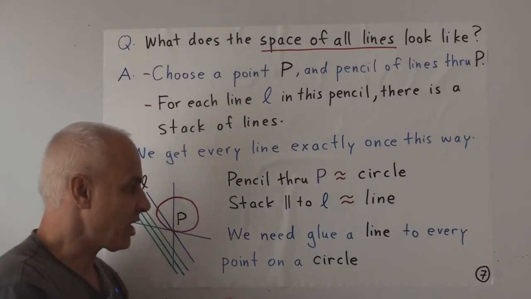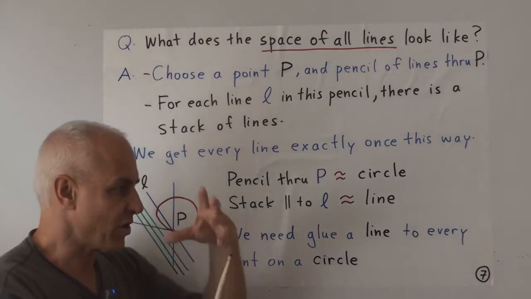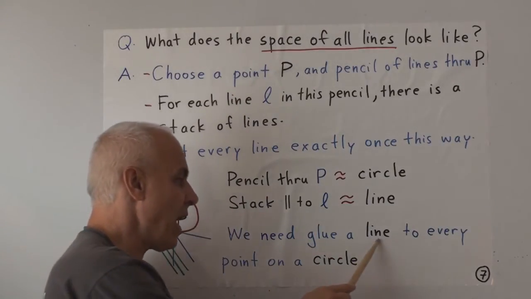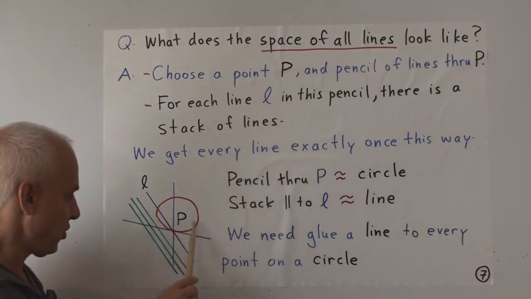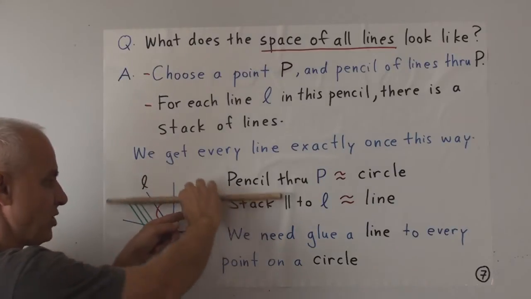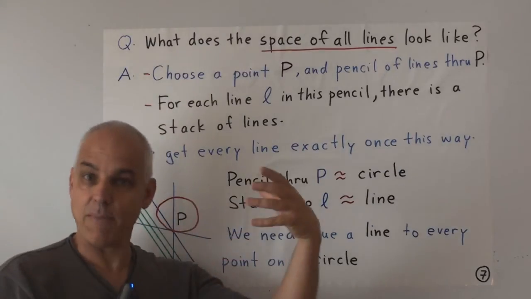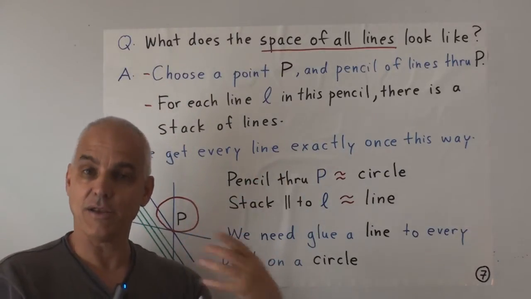So topologically, sort of geometrically, we need to glue a line to every point on the circle. So if we think of this circle and gluing a line to each point on the circle, then we'll have a parameter space for the set of all lines in the plane.